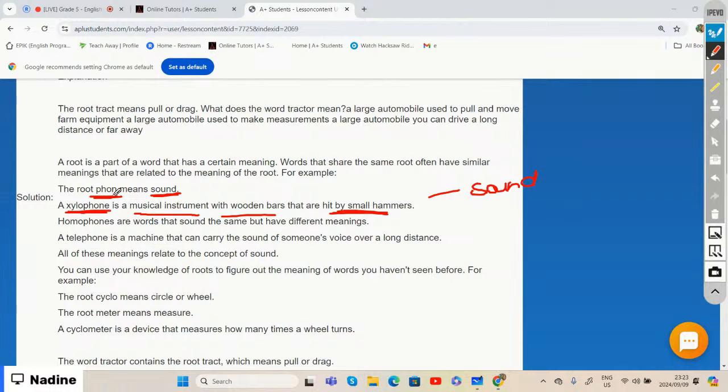So xylophone means something to do with sound. It is a musical instrument, and remember, a musical instrument in general makes sound. Each little wooden bar you hit creates a different sound.